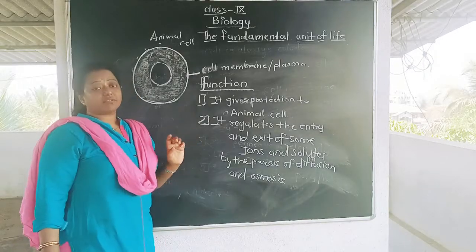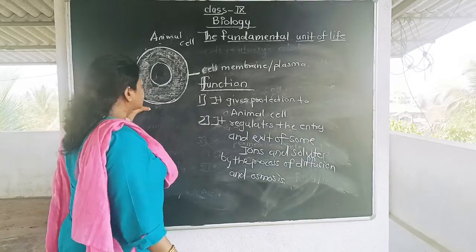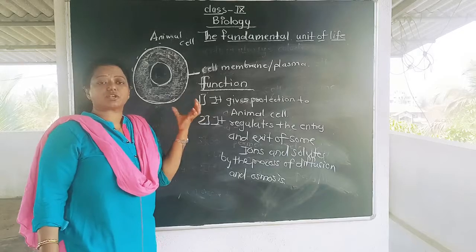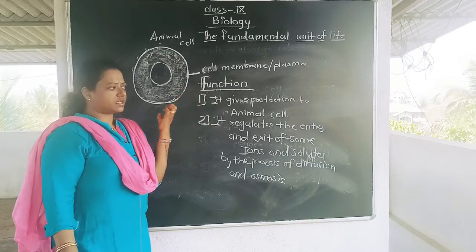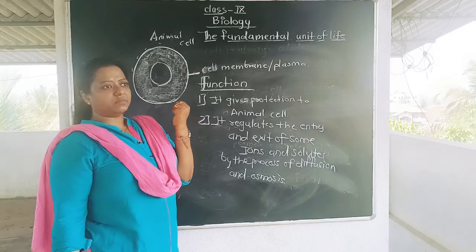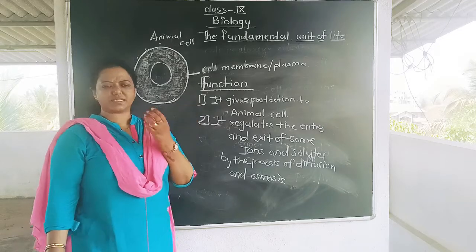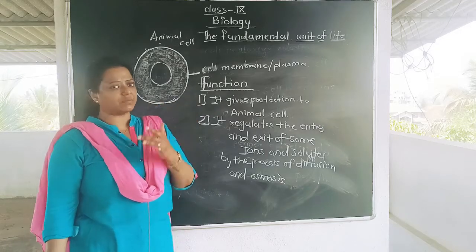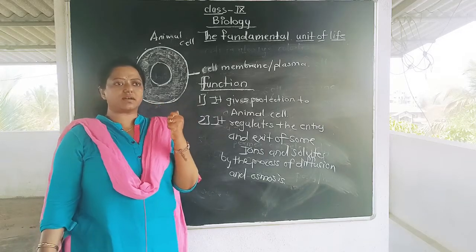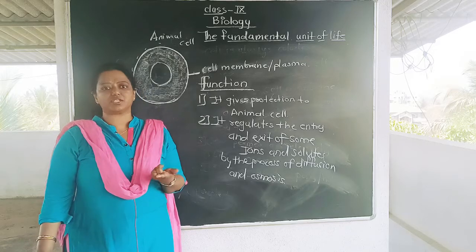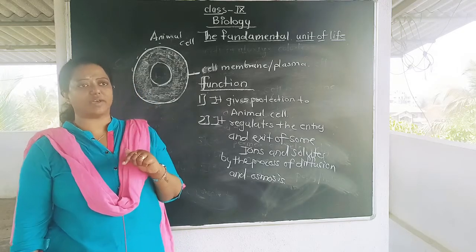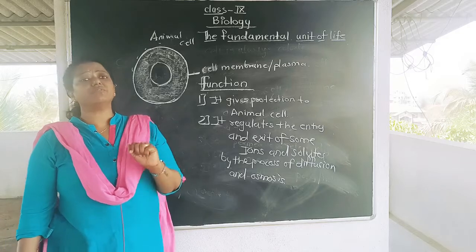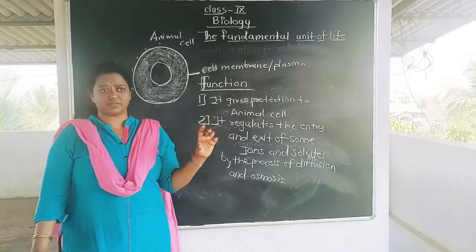Now, what will be the third advantage? It gives the shape and structure, or a form, to the cell. See, students, when we talk about animal cells, we can talk about animals. Animals need a lot of energy, and that energy they take from food and nutrients, and they are moving from one place to another, right?